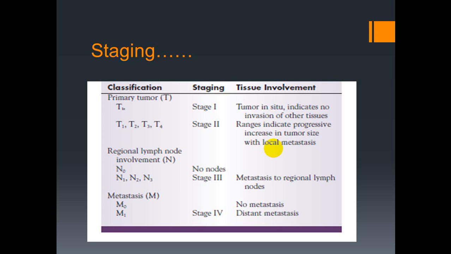For staging, we have 4 stages: stage 1, 2, 3, and 4. When we classify the tumor as primary tumor, we give the letter T. TX, where the tumor is in situ, indicating no invasion of other tissue, is stage 1.